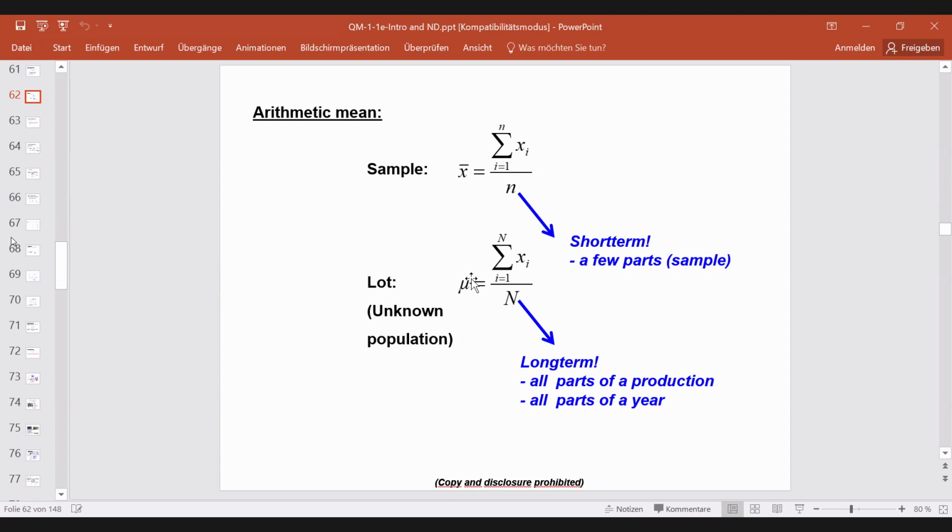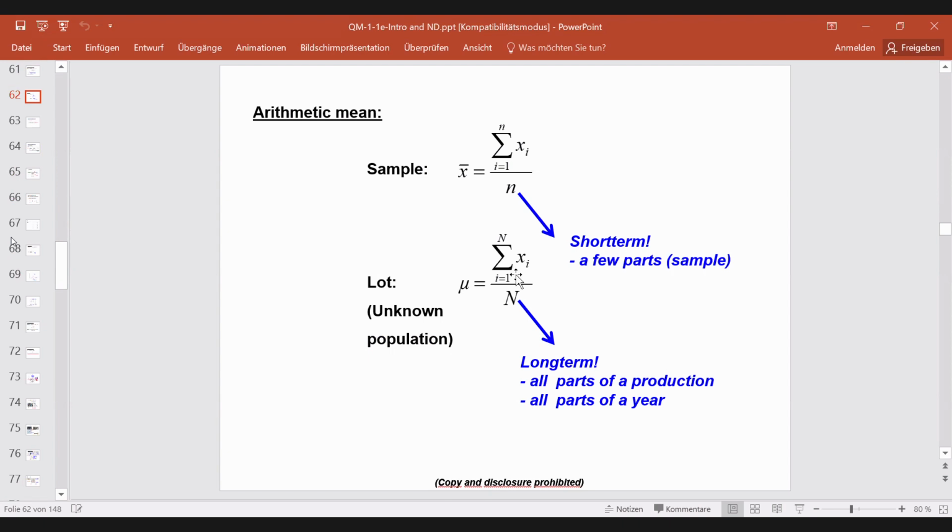And the population also has a mean value, the arithmetic mean value. If you take all the parts of the population, of the annual production, the production in 1 year, and you would measure every part regarding one quality characteristic, maybe one dimension, then you will get this mean value.